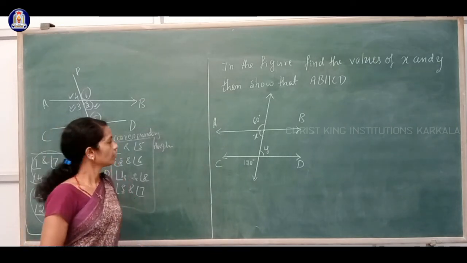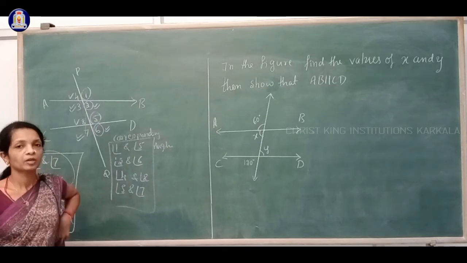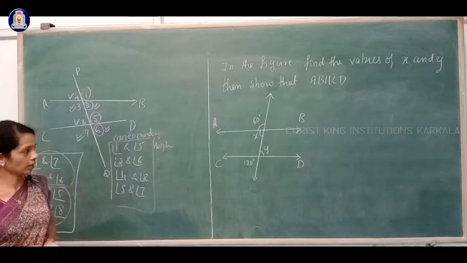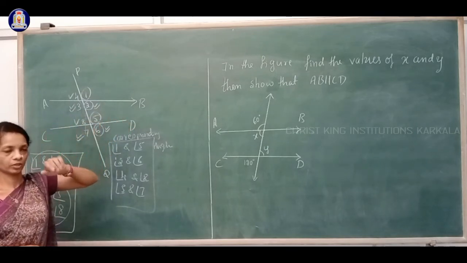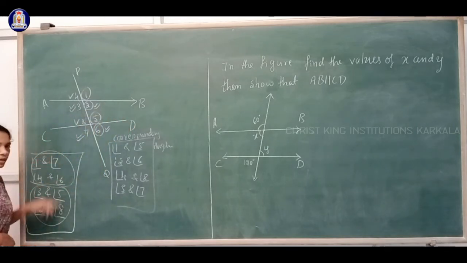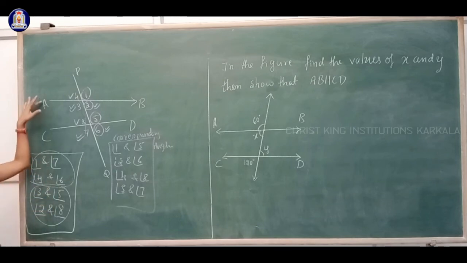If any one pair of corresponding angles is equal, then you can say AB and CD are parallel. Like that, if any one pair of alternate angles is equal, then also you can say AB and CD are parallel.